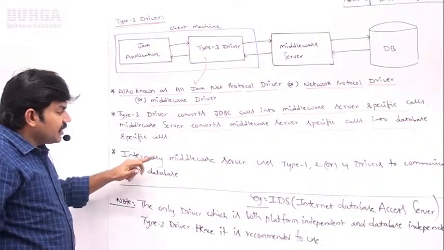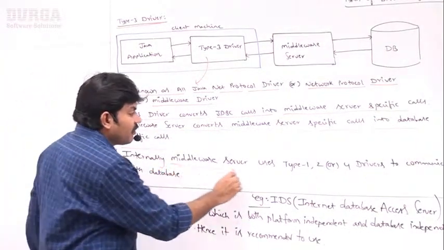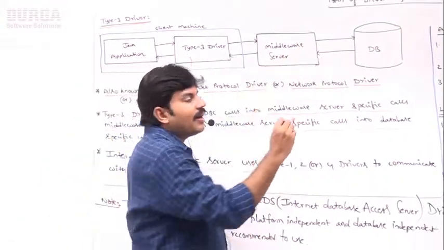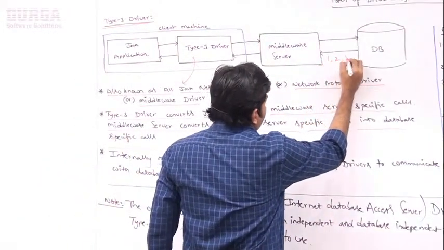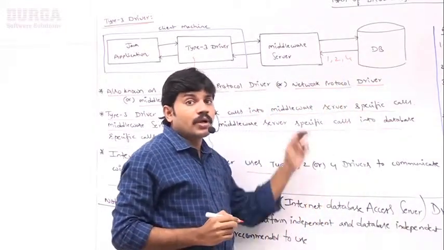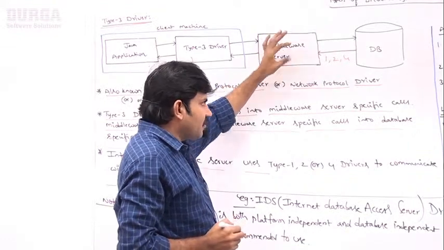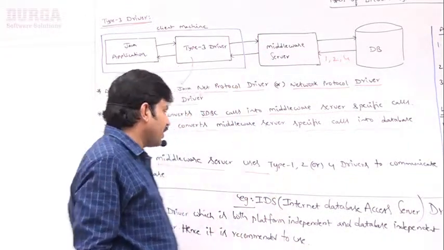Okay. Next, internally middleware server uses type 1 or type 2 or type 4 to communicate with the database, right? Who is going to take care, sir? This middleware server is going to take care. We are not required to worry about that.